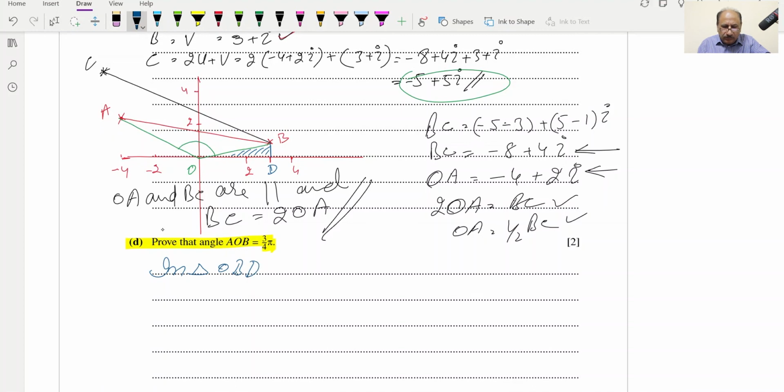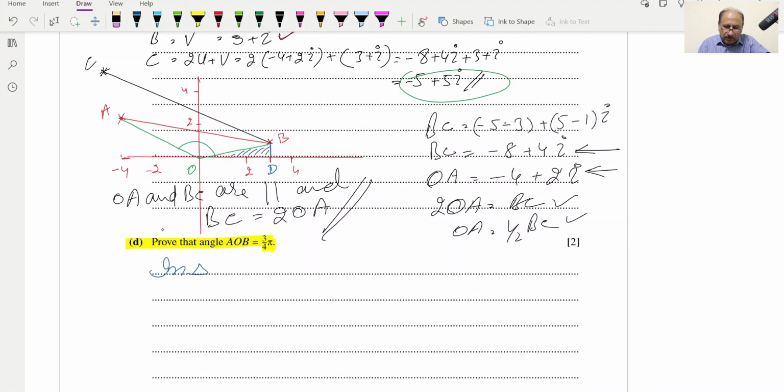Otherwise, we can apply the cosine rule as well. We can find this side.